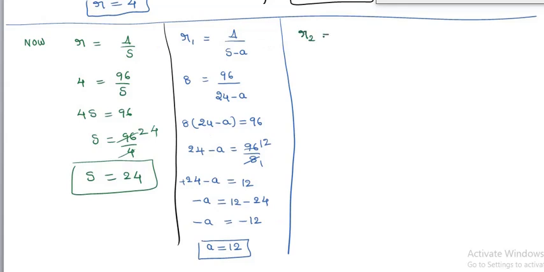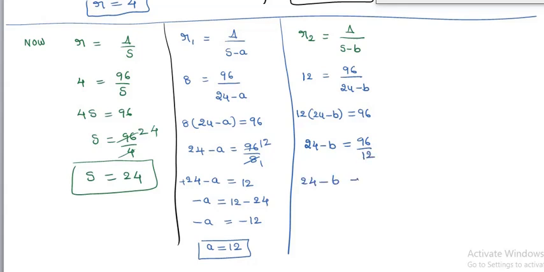Next B value. R2 is equal to delta by S minus B. So R2 value is 12, delta value 96, 24 minus B. 12 into 24 minus B is equal to 96. 24 minus B is equal to 96 by 12, which is 8.